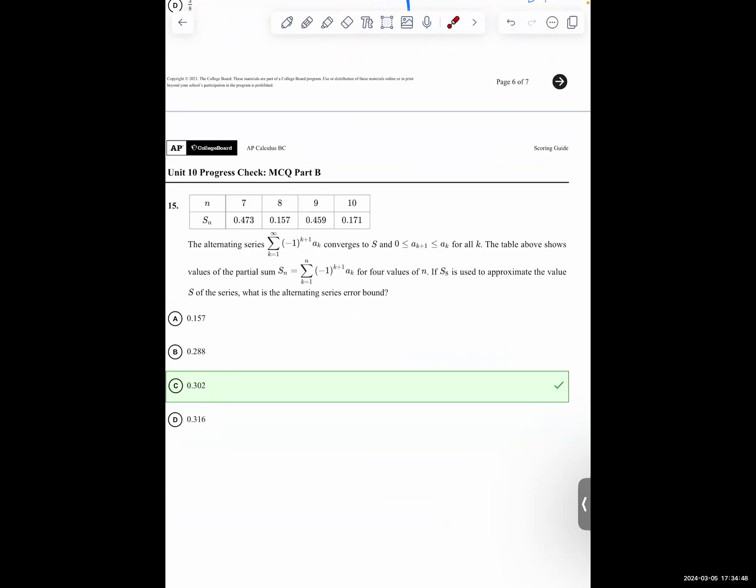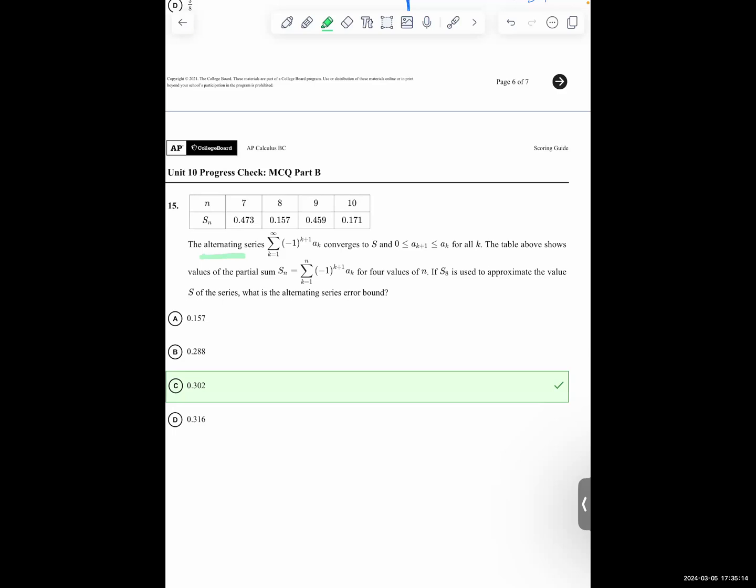So this one's unlike any of the other ones from above. This one's an interesting one because at the very beginning of when we first learned series, like the very first video, I talked about the definition of a series being a sequence of partial sums. So in this problem, it talks about an alternating series, so that's something we want to keep in mind.